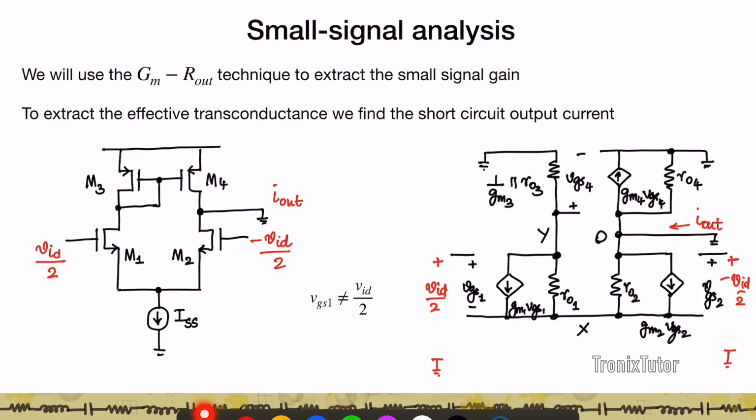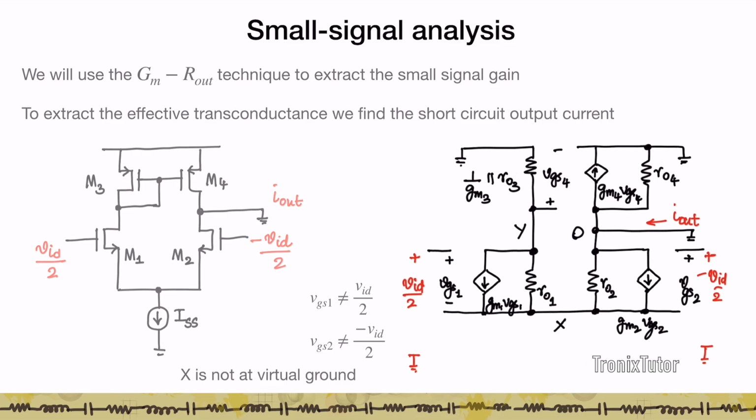Similarly, minus VID by 2 is applied between gate and ground. Therefore VGS1 is not equal to VID by 2, because this source node is going to be at some finite voltage. So this is the gate voltage, not the gate to source voltage. So VGS1 is not equal to VID by 2, similarly VGS2 is not equal to minus VID by 2, and X is not a virtual ground.